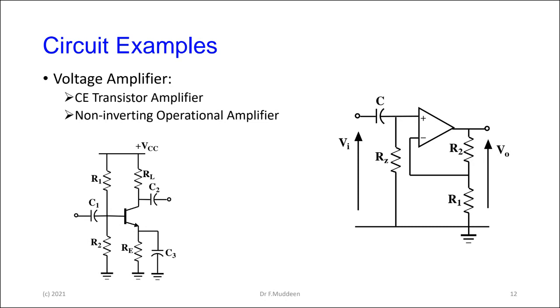Their gain depends, in the case of the transistor, on some characteristics of the transistor and the load resistors coming out, and in the operational amplifier, on the ratios of R2 and R1 in this case. So you've met that before.